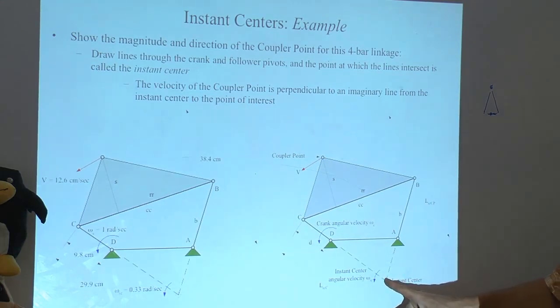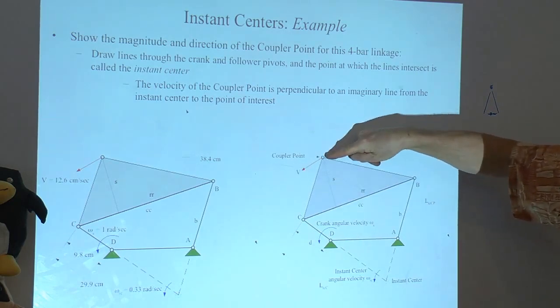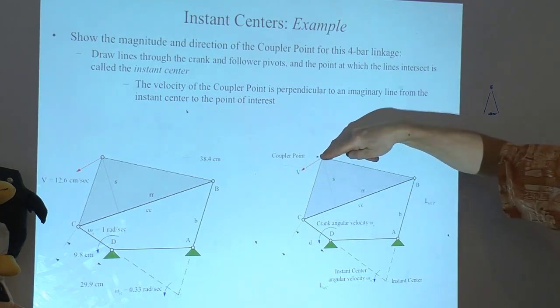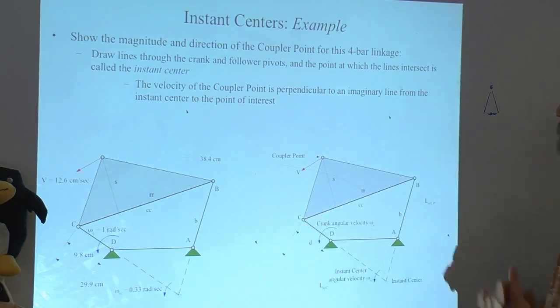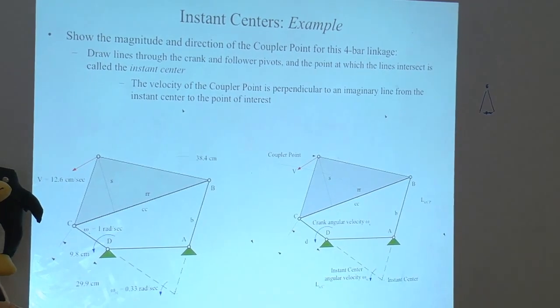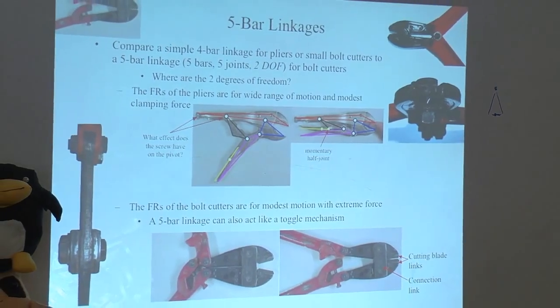So I can go from here up to my point of interest, and this red vector, that's the direction that this point on the coupler is going to take at this instant in time as the linkage is moving. Right? Very useful.